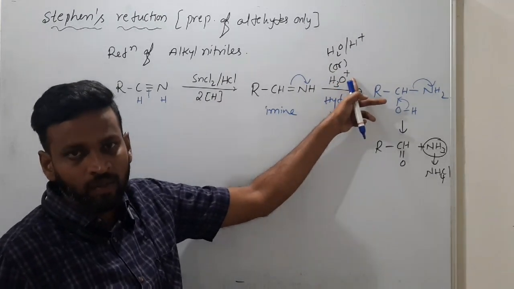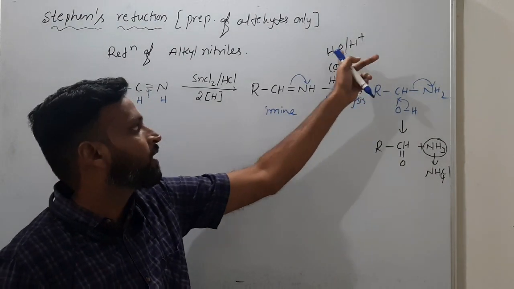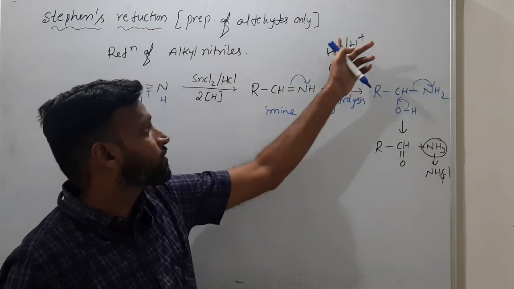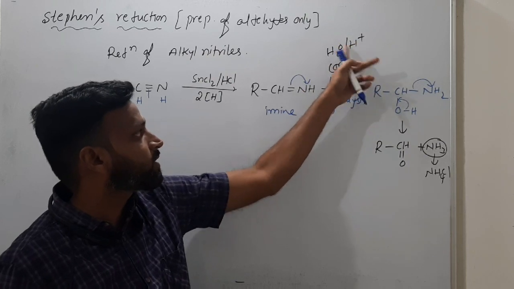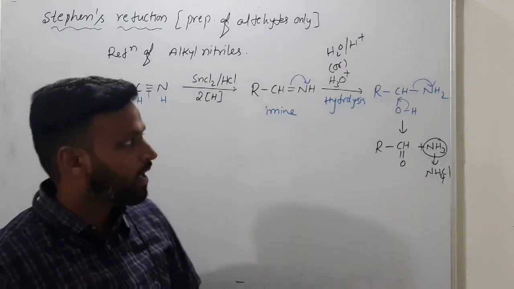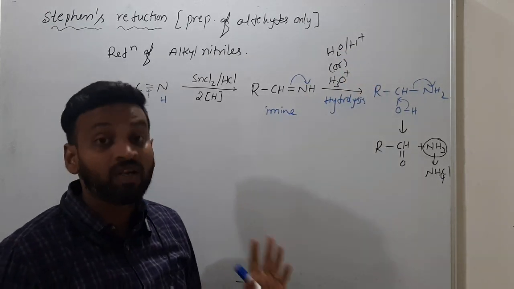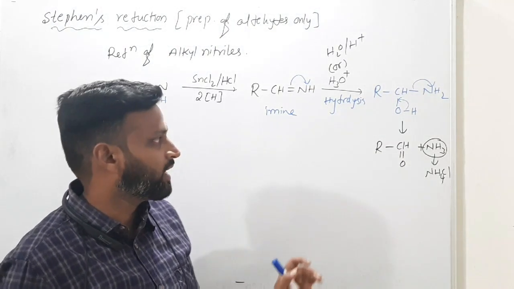Do you remember that Lewis acid base theory? The lone pair is donated by this water molecule to this H plus and forms a dative bond. So H2O to H plus, H3O plus, just for understanding. So H3O plus given means hydrolysis, that is the meaning.